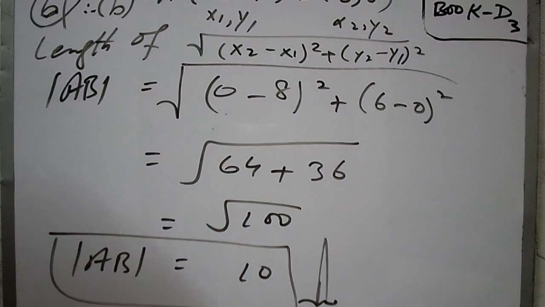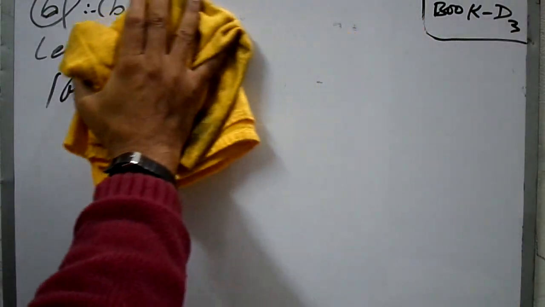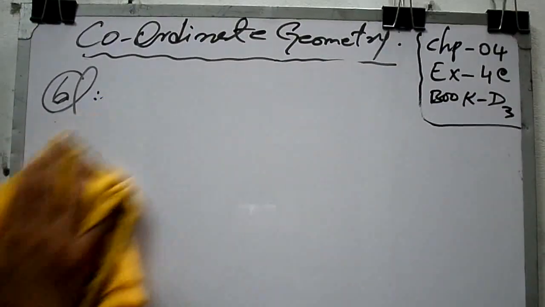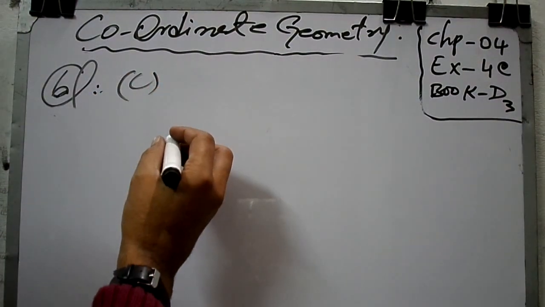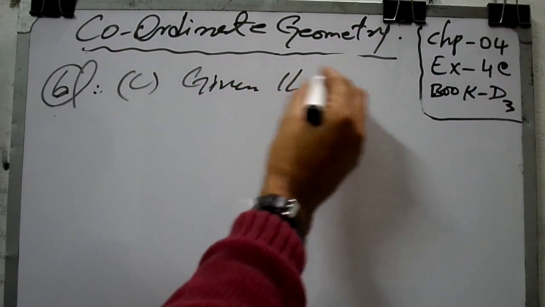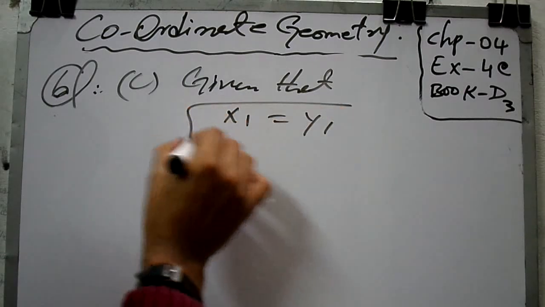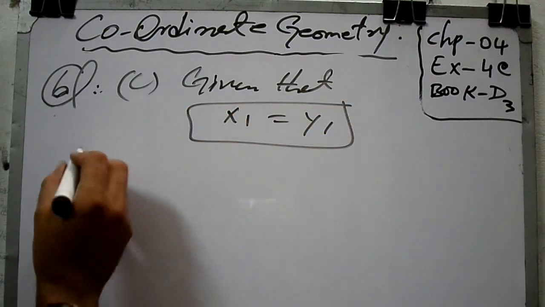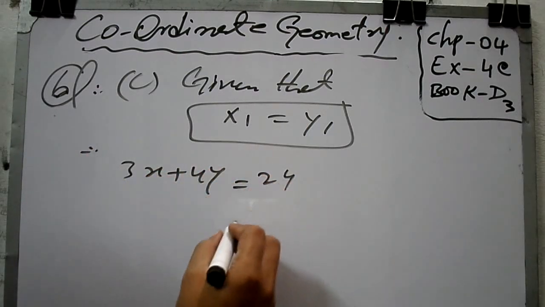Now the C part of this question. Given that x1 is equal to y1, and the line is 3x plus 4y is equal to 24.